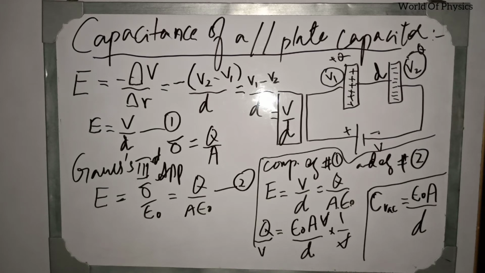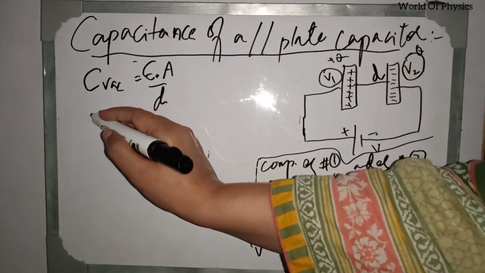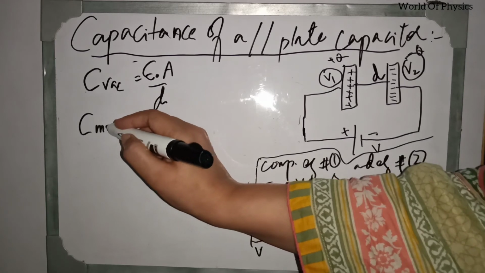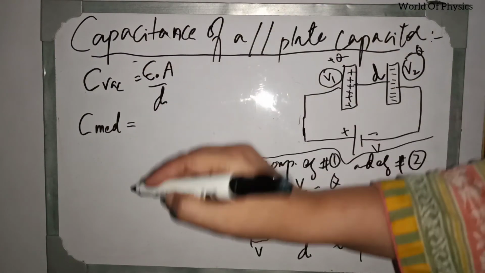Now we will find out the value of capacitance by using some material medium between these two plates. For finding out C in medium, one more value, that is epsilon R, relative permittivity, will be multiplied with this equation.